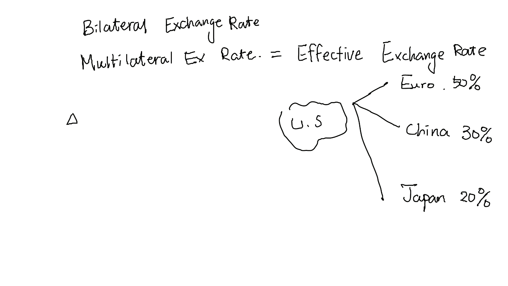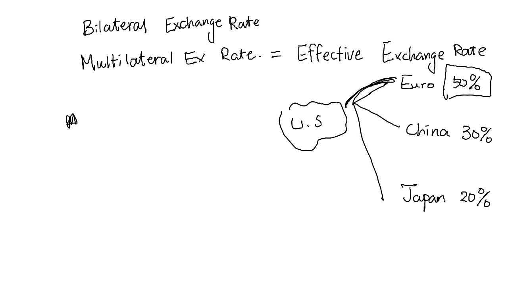How do we calculate the effective exchange rate? We're just using the share of the trade value as the weight times the bilateral exchange rate between those two economies, right? And sum up. That's it.